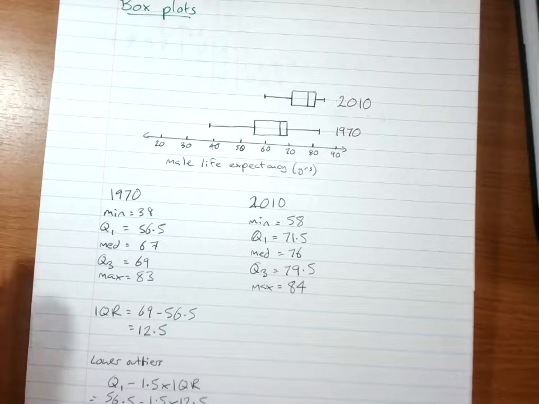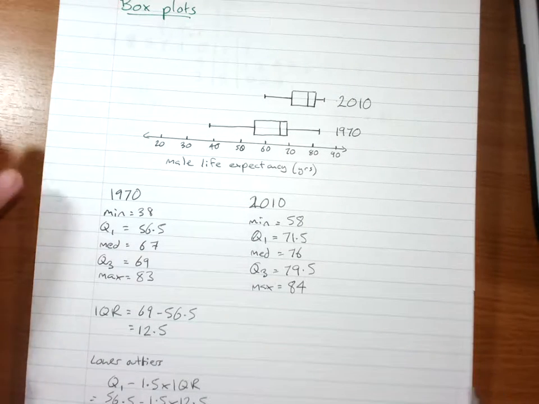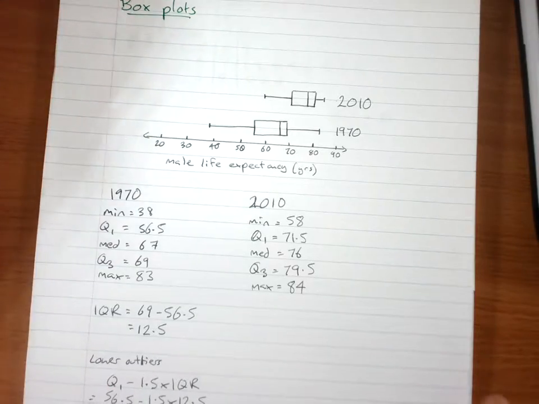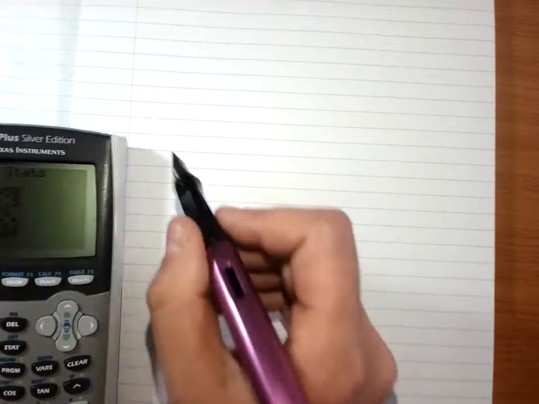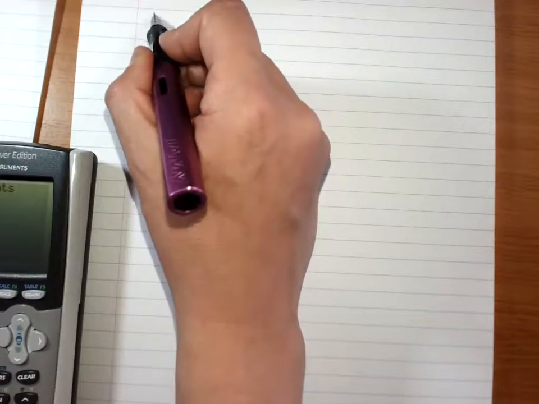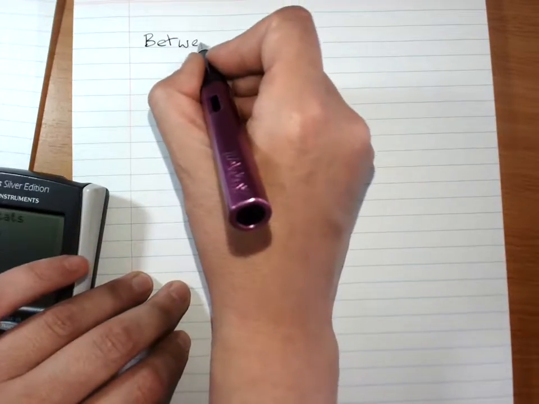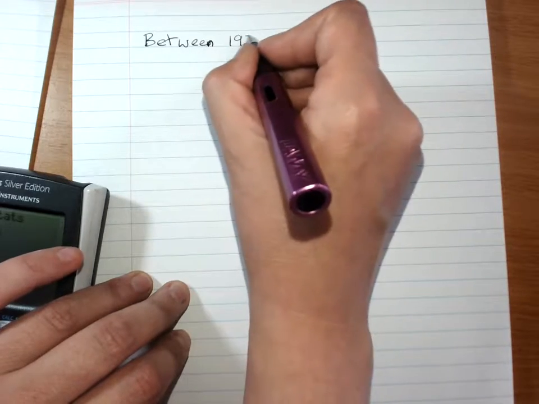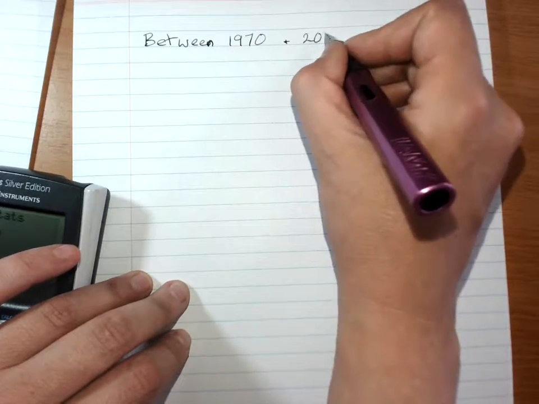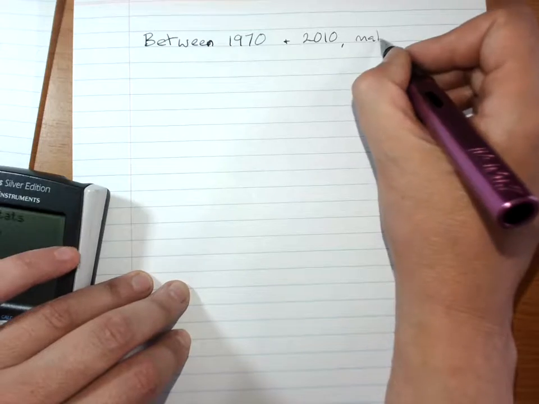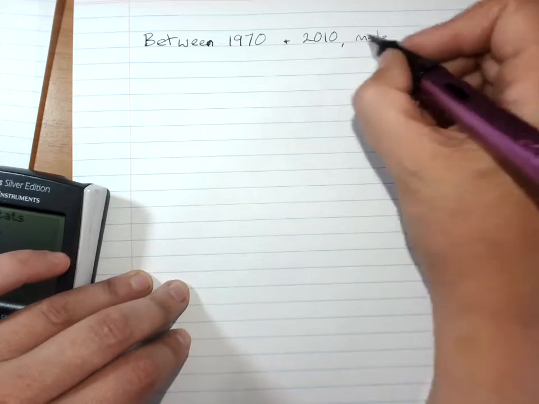And when we come to compare this, if you're asked to write a comparison for 2 sets of data, then you refer to as many of these things as you can. The median, mean, and range. So, between 1970 and 2010, and you're really explicit.